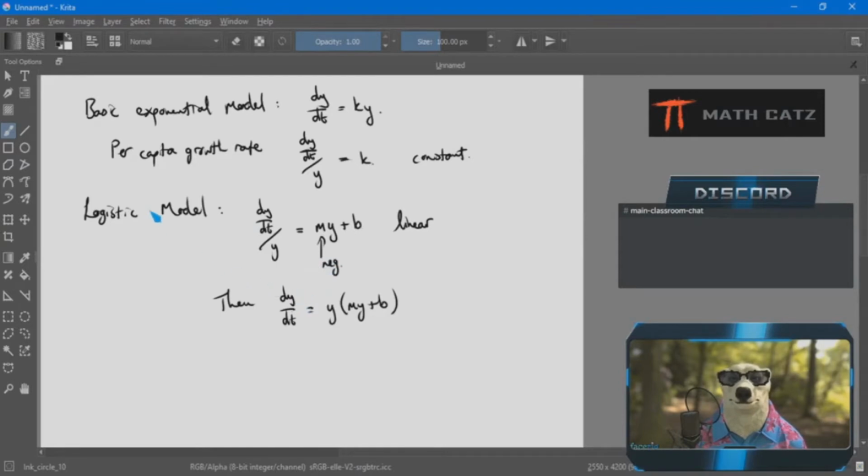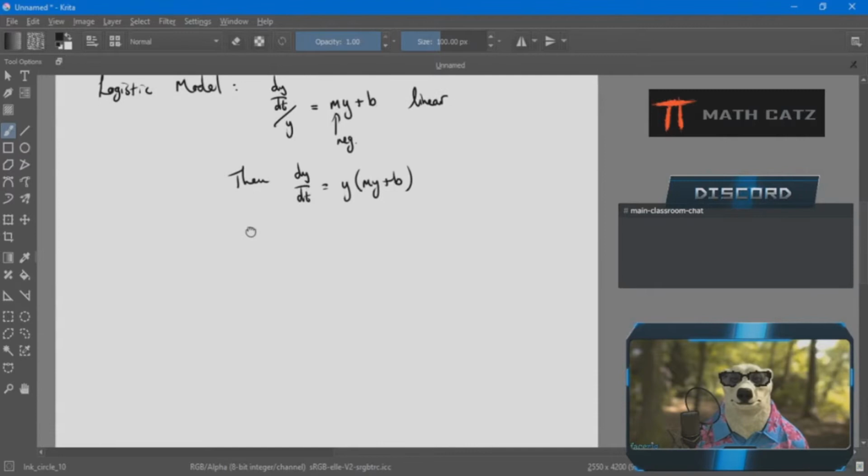Now, our other view is to say that the basic exponential model was the growth rate proportional to the population size.